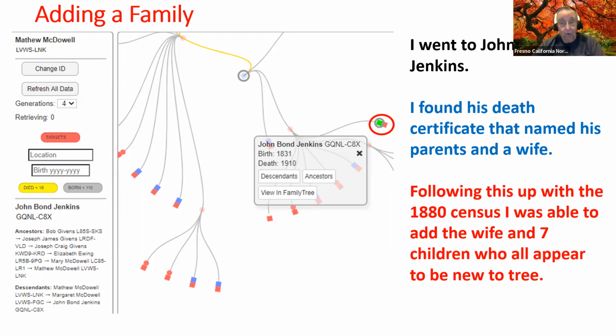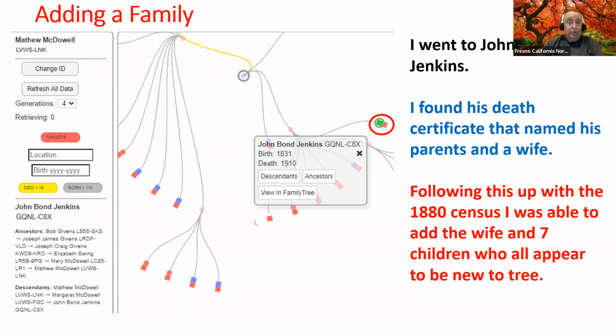And so I had a wife and 7 children that had never been in Tree, just by finding them by looking for this target person. That's how this works. That's what you're trying to do here, is find places where you can add names. And the most logical place is on a dead end.